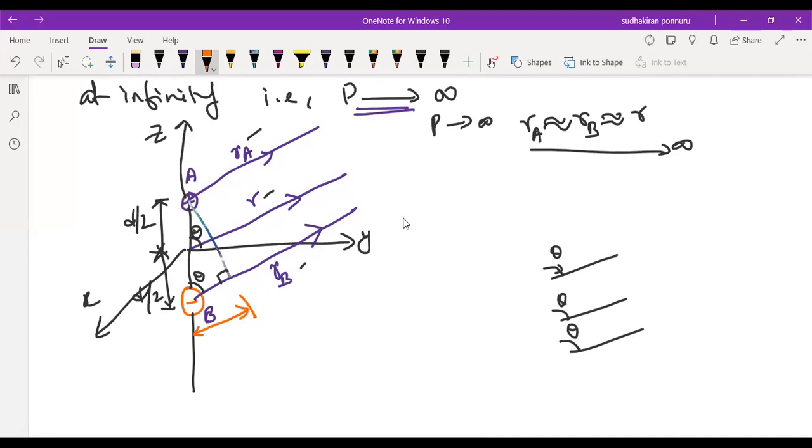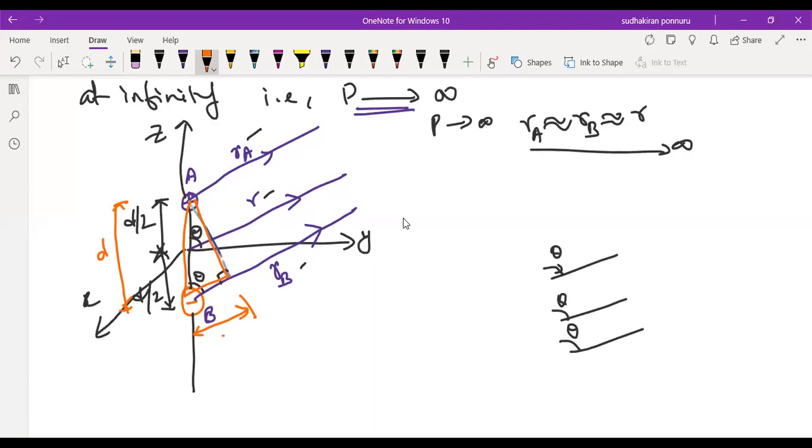It is forming one right angle triangle from A. In this right angle triangle, the hypotenuse is D. We know this distance, hypotenuse, that is D. And I want the adjacent side value.